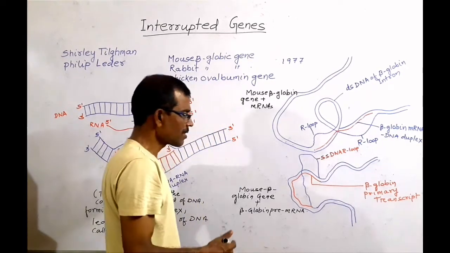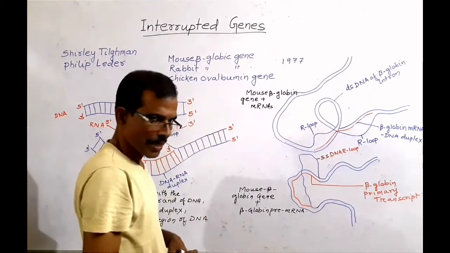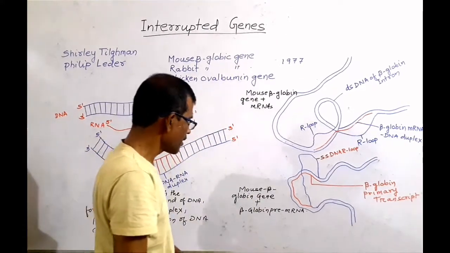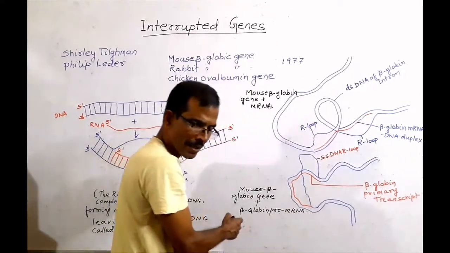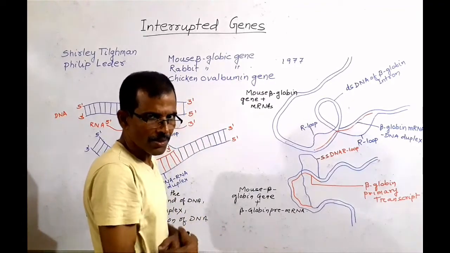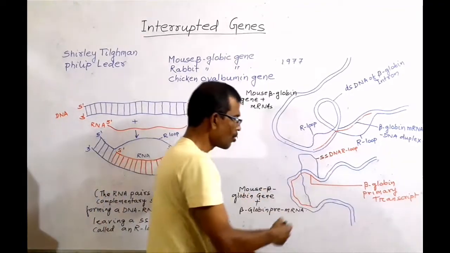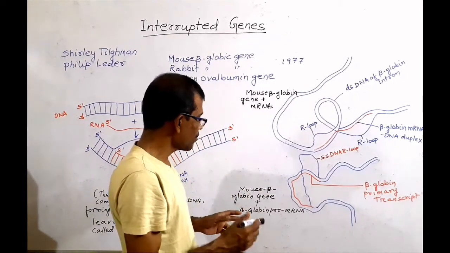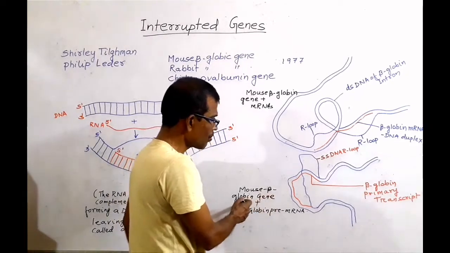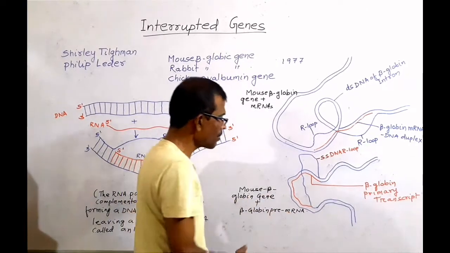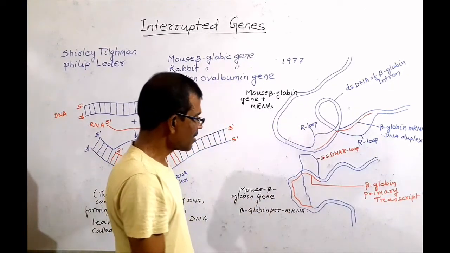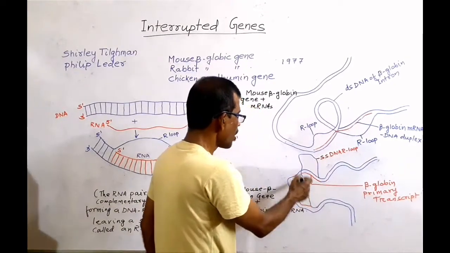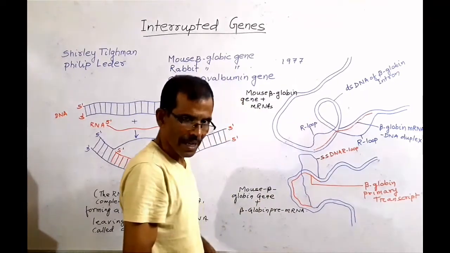Similarly, they conducted another hybridization experiment. They incubated the mouse beta-globin gene and beta-globin pre-mRNA under suitable conditions. Here also hybridization occurred, and the hybridization between the mouse beta-globin gene and beta-globin pre-mRNA resulted in the formation of a single loop of single-stranded DNA.